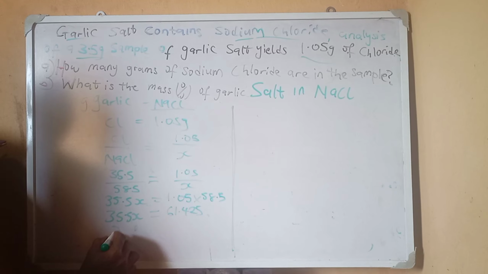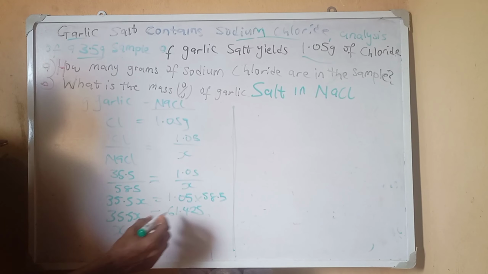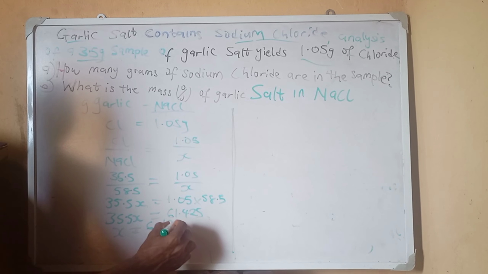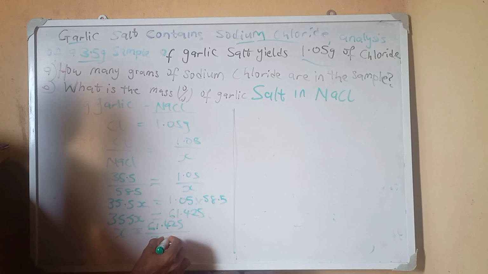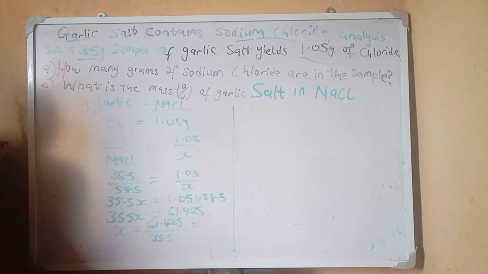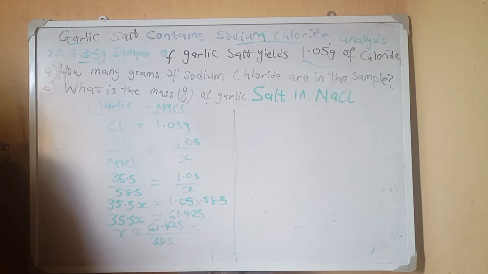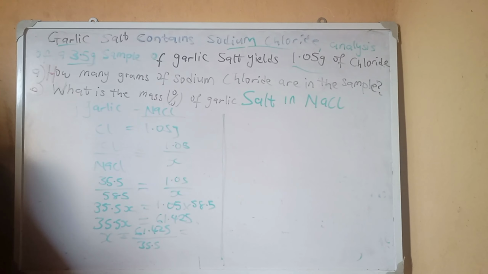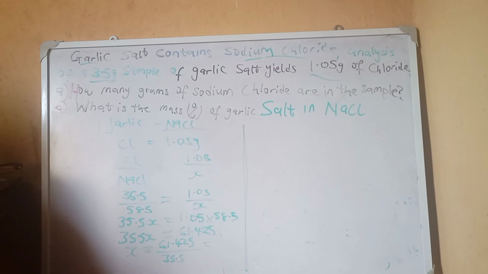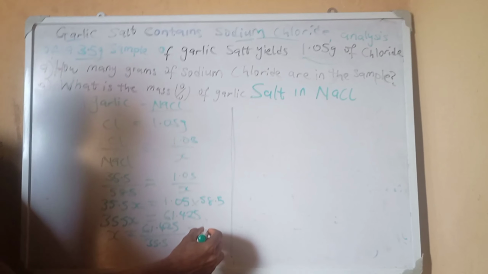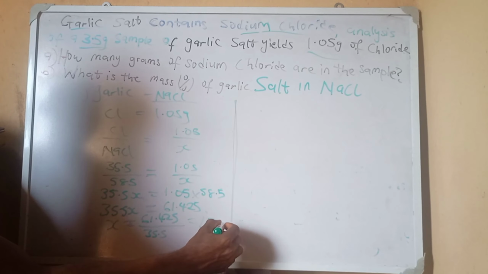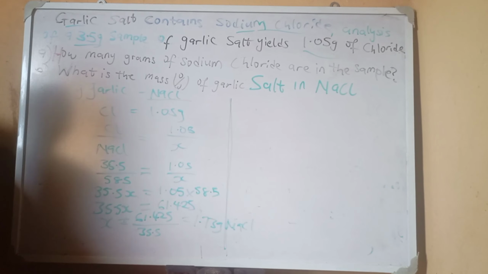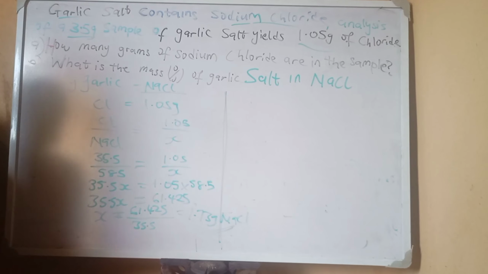And to get the amount of sodium chloride, we will divide, so x will be equal to 61.425 over 35.5, and this will give us the amount of sodium chloride that yielded 1.05 gram of chloride, which is 1.73 gram of sodium chloride in the solution. And this gives us the answer to question number 8.